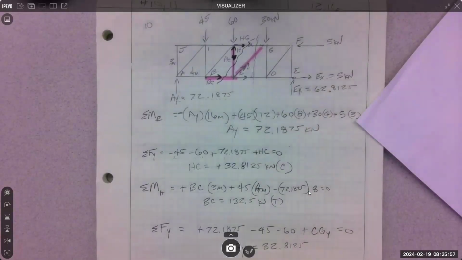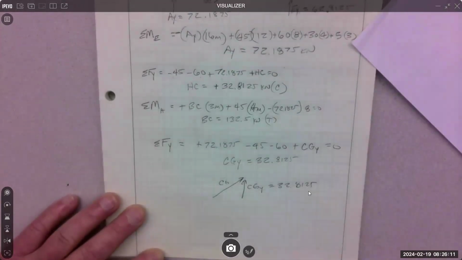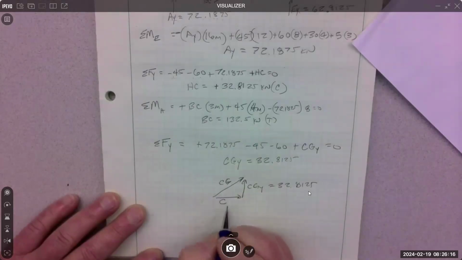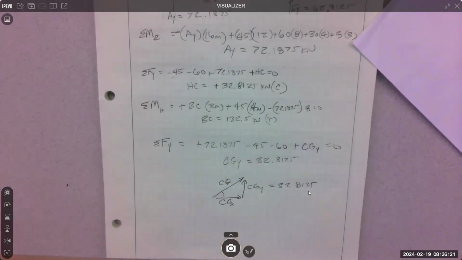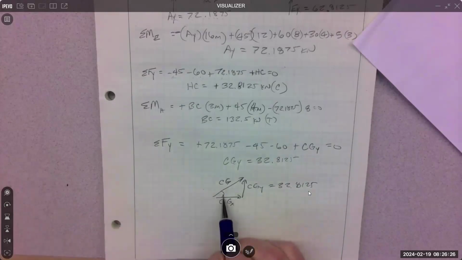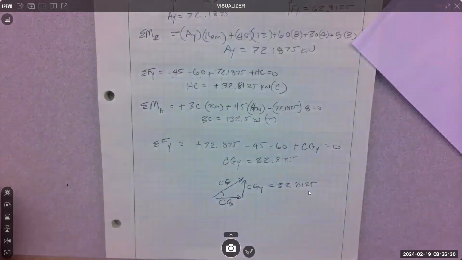So I can now draw CG and CGY, which I know is 32.8125. CGX, which I don't need, but I do need an angle to solve this triangle. So this angle is going to be the height over 3, 3/4, inverse tangent.